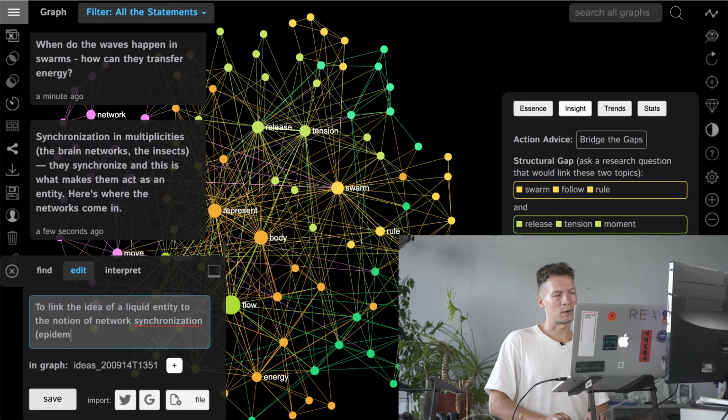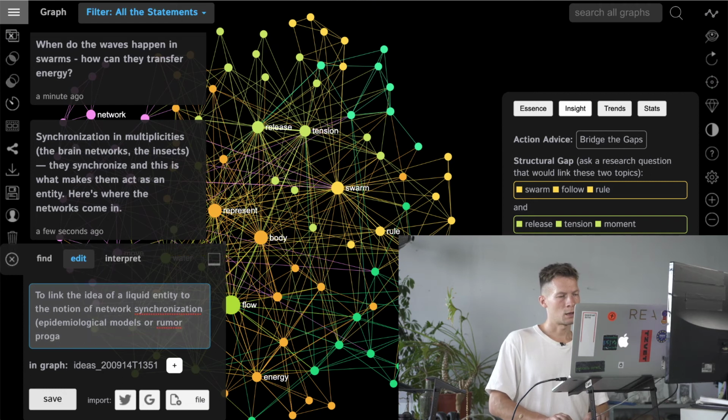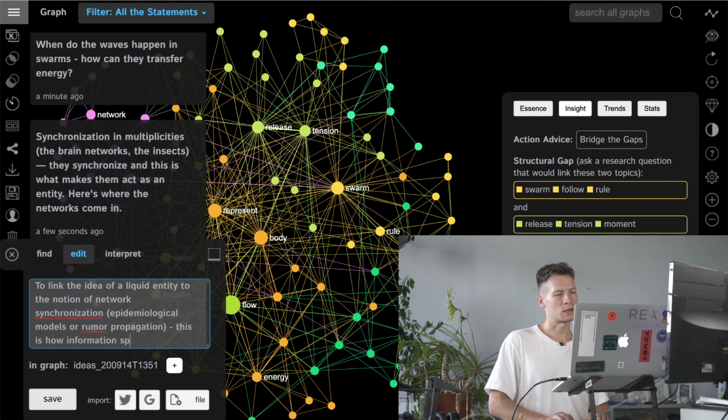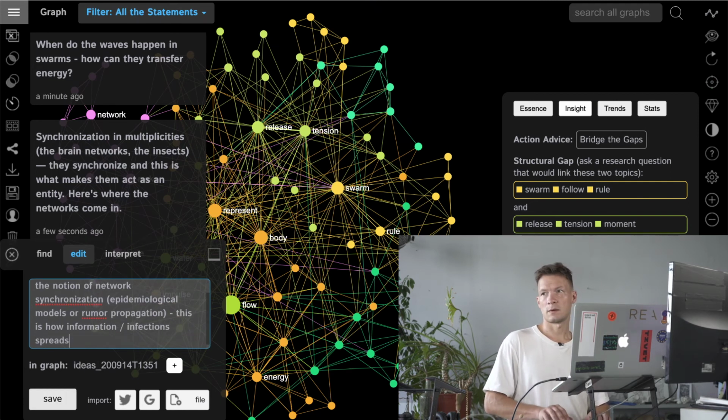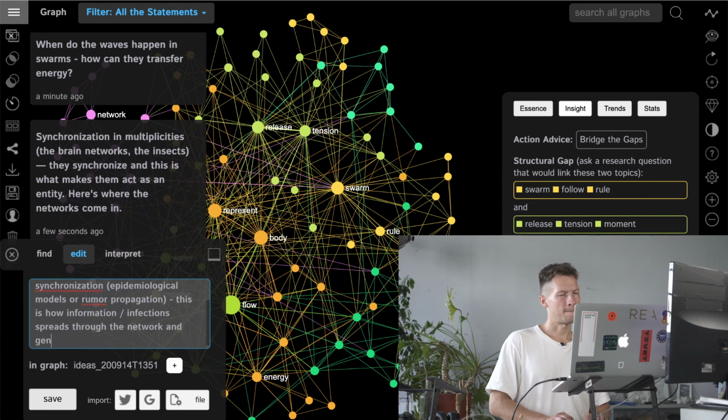Maybe epidemiological models of rumor propagation, because this is how information spreads, or infection spreads through the network and generates new beliefs. Okay.